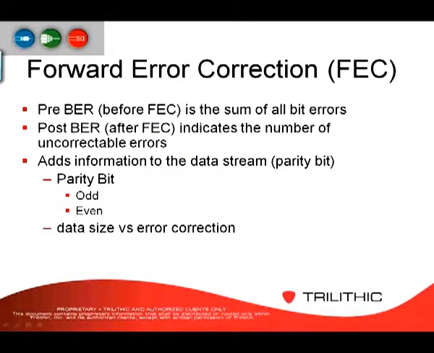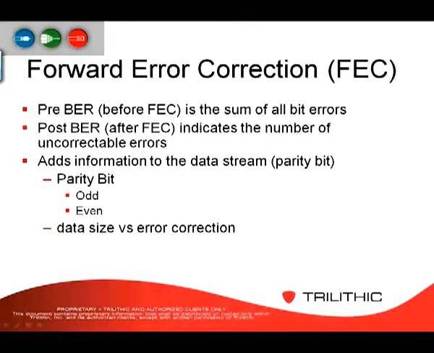Because pre and post forward error correction data quality can differ greatly, BER measurements are typically specified as being either pre-FEC or post-FEC, to indicate whether the data has already been repaired by the forward error correction.